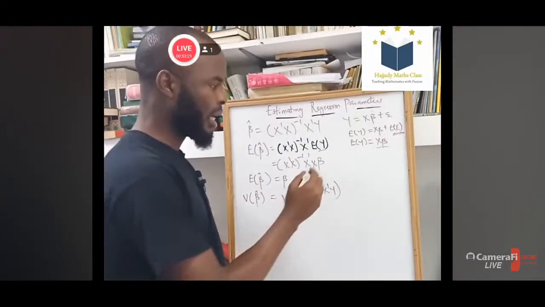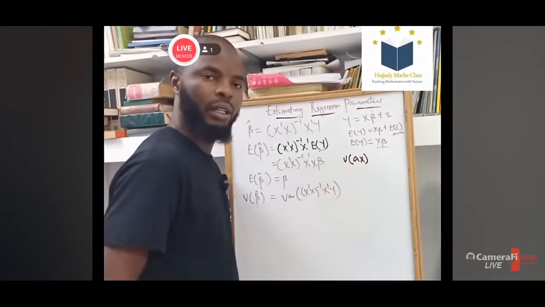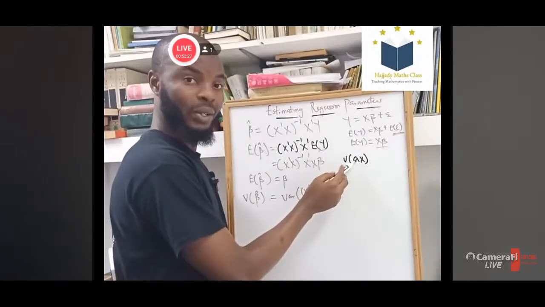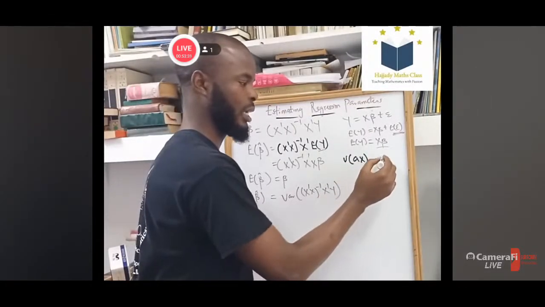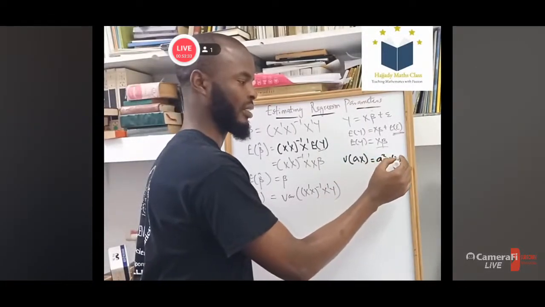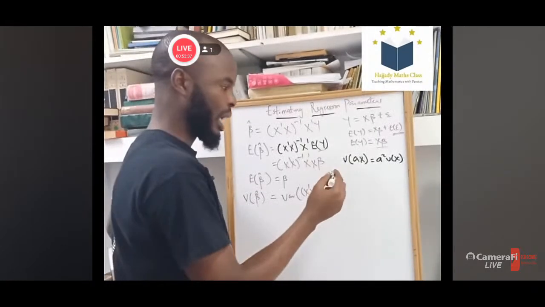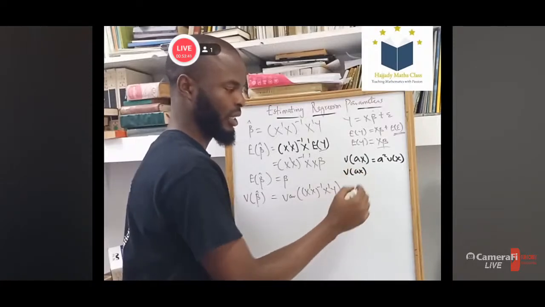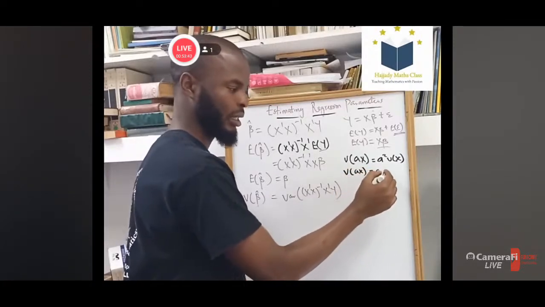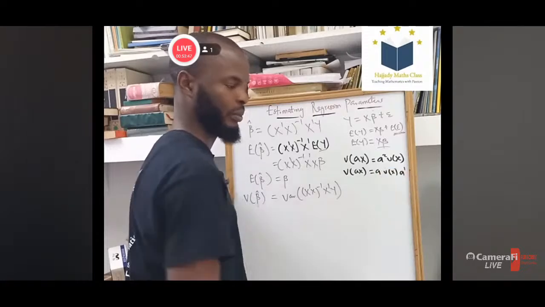Don't forget that if you have variance of ax, whereby a is a constant, the rule is that we're going to have a squared variance of x. The constant is going to be squared. And if you want to leave it in matrix form, it's the same thing as a variance of x a prime.